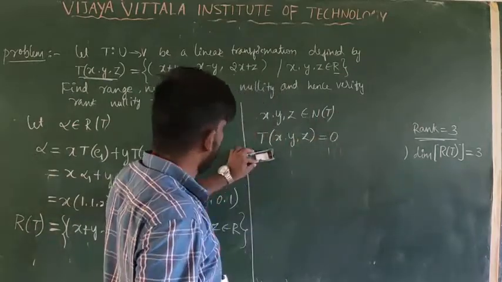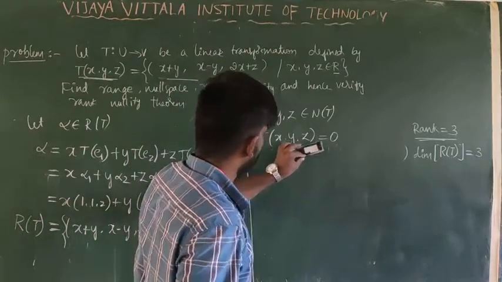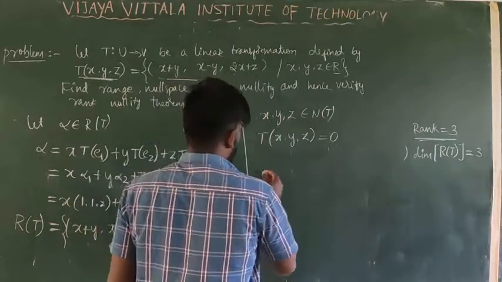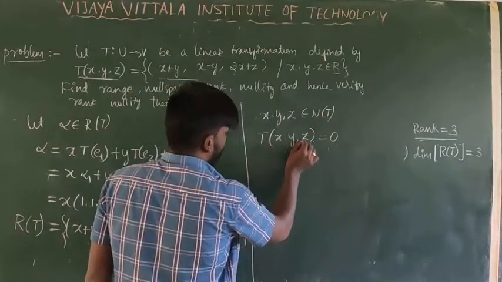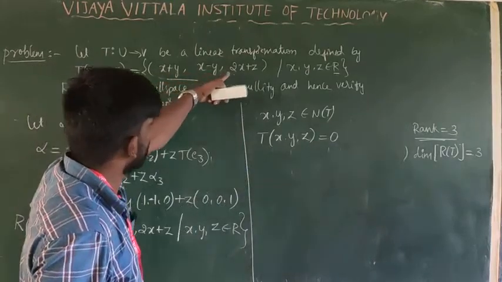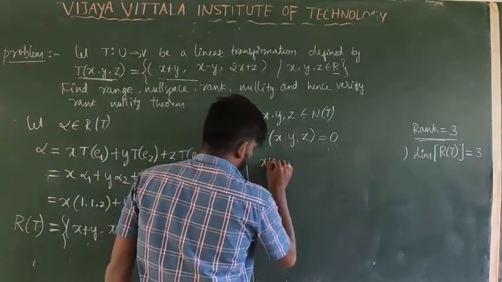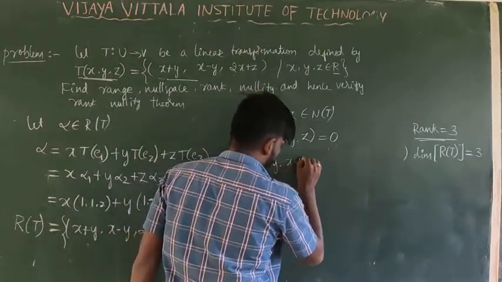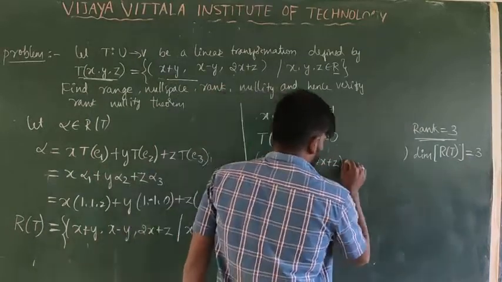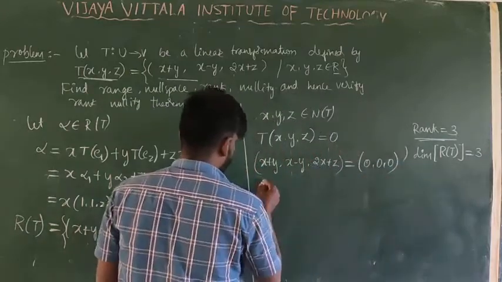The definition says T of x, y, z equals 0 provided x, y, z belongs to N of T. Then T of x, y, z means (x plus y, x minus y, 2x plus z), and 0 means (0, 0, 0) on the right-hand side.